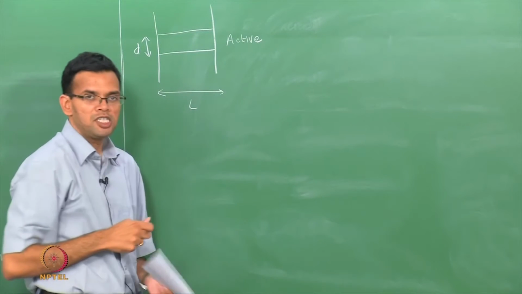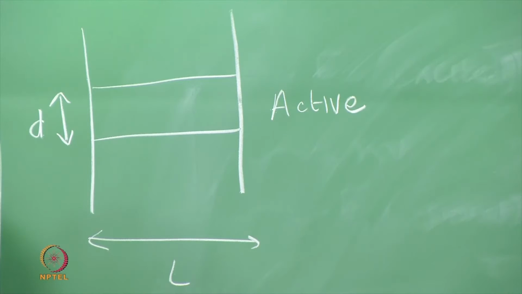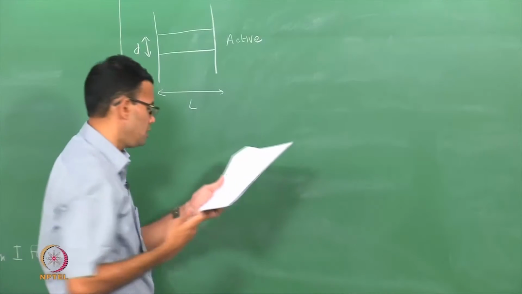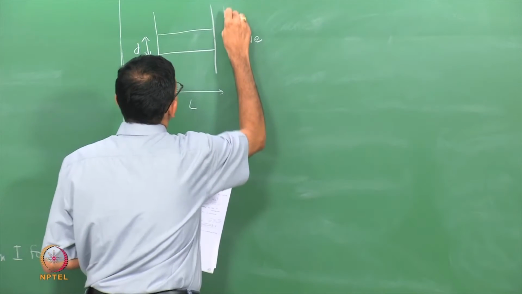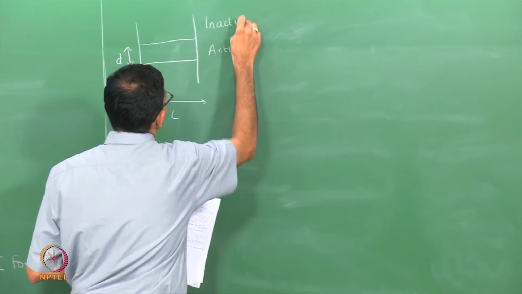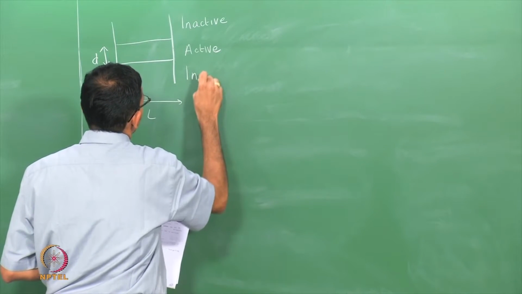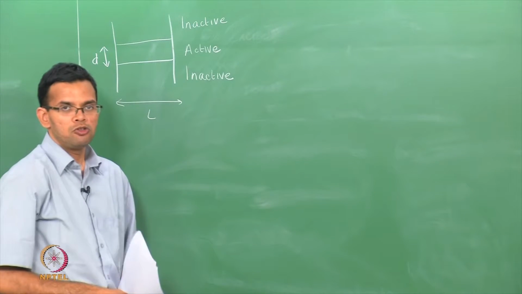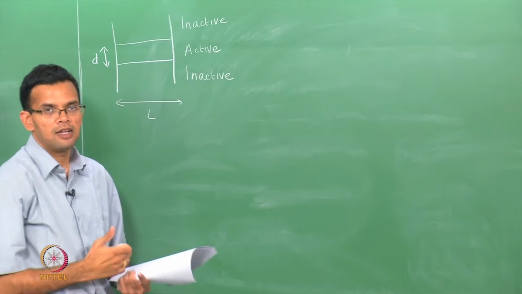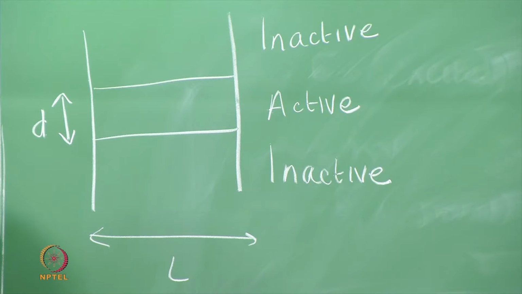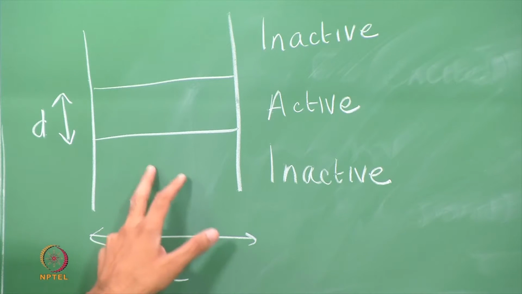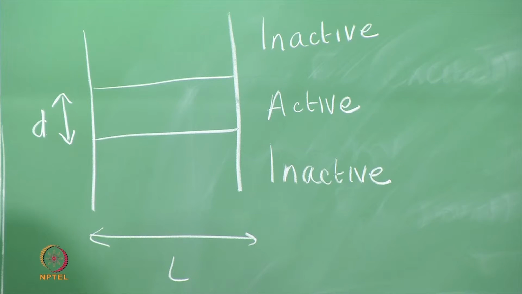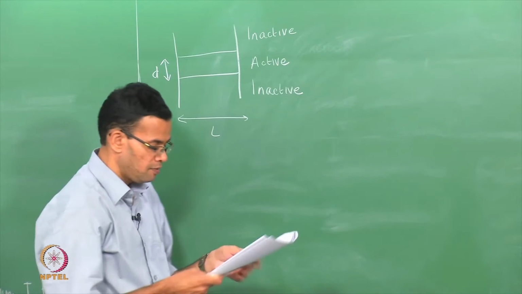The active region is the region where your electrons and holes recombine in order to produce the laser light. There are also two inactive regions. These can be used in order to confine the electrons and holes within the active region, but we also want materials in such a way as to provide for waveguiding.